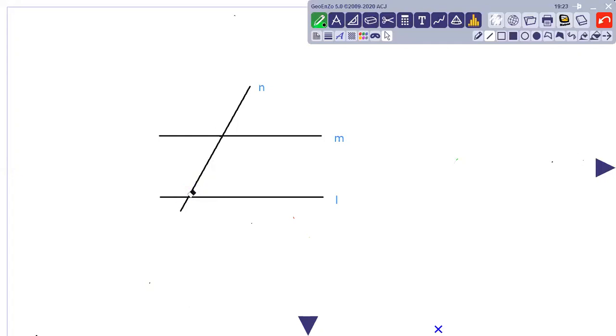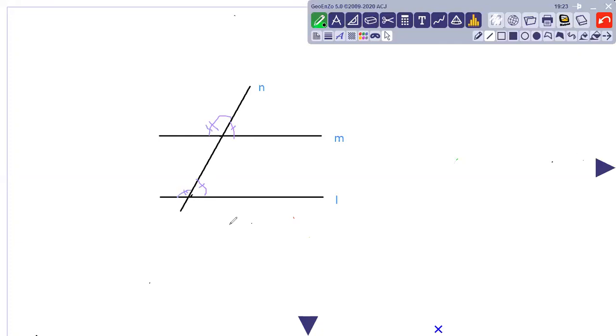So about parallel lines, I have just told you the three points about parallel lines and a transversal. The first point, I repeat again, was corresponding angles are equal. These two angles are equal, corresponding angles. Similarly, this and this are also equal.